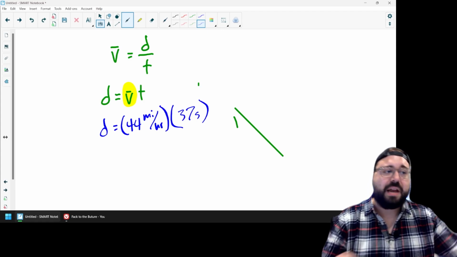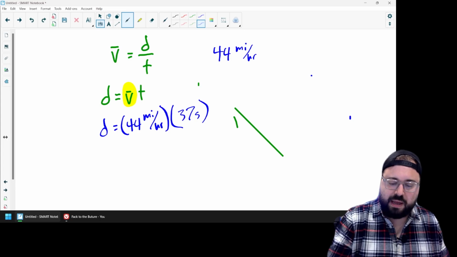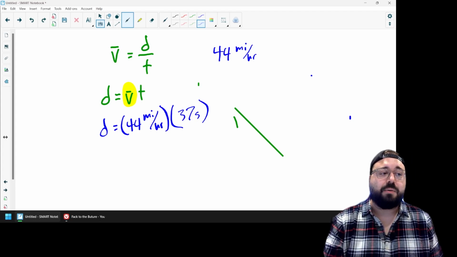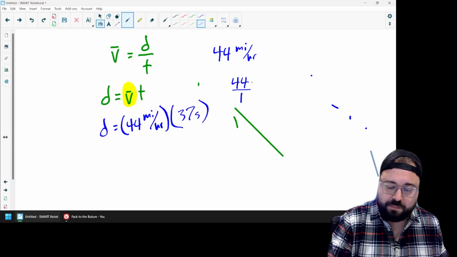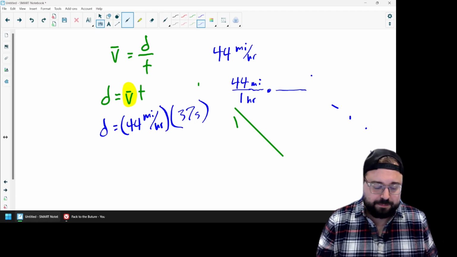So what we've got to do first is convert that 44 miles per hour into meters per second. Let's get it to our lovely standard unit. So if you recall, the first thing we do is we go 44 over 1, and we set up our fraction, and we multiply by a blank fraction.